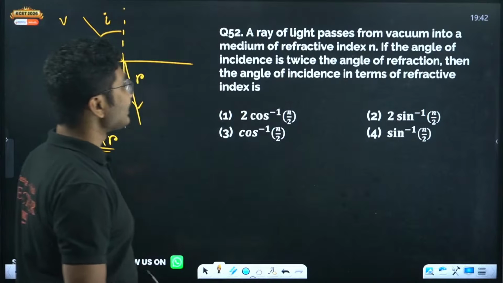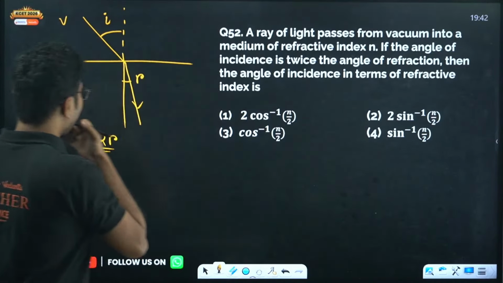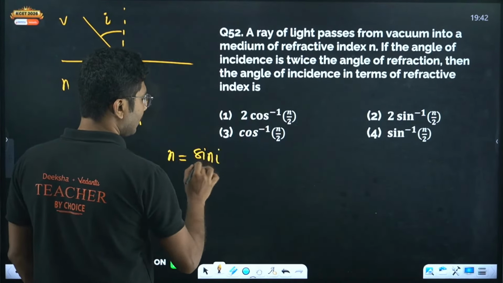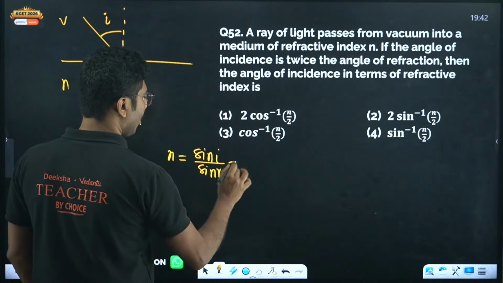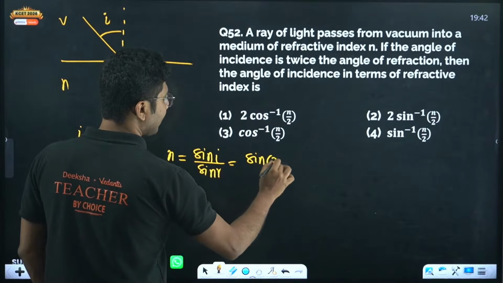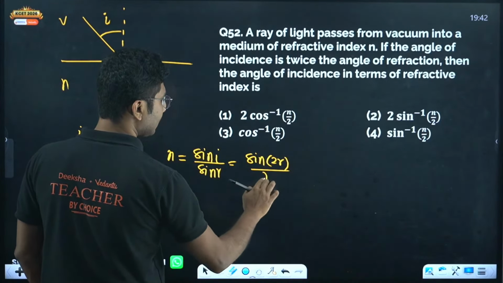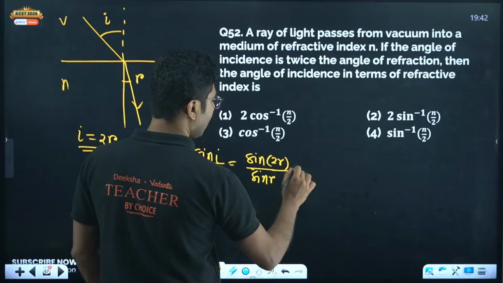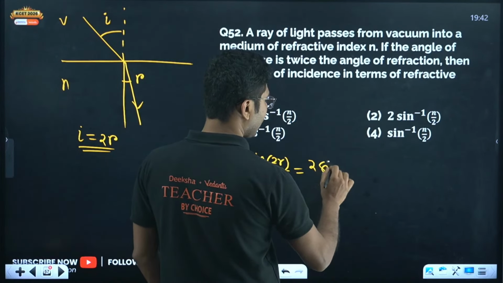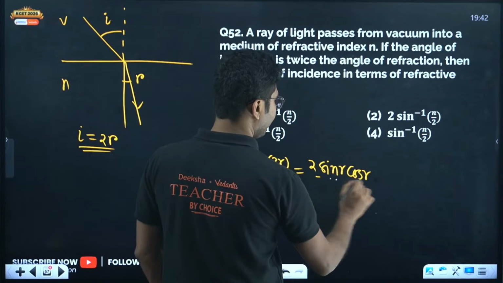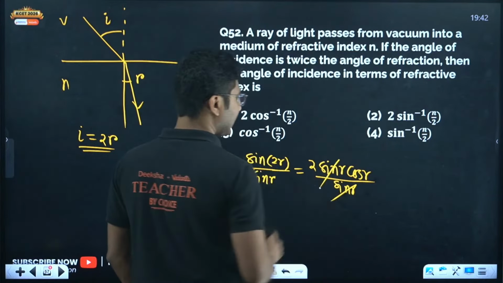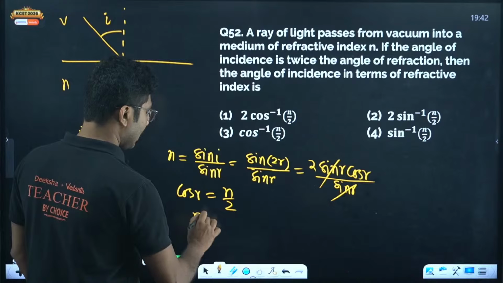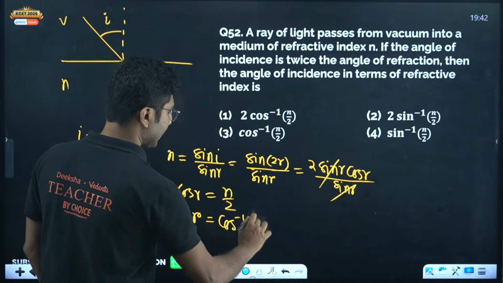Now they said what is the angle of incidence. Now we know that from Snell's law, n is equal to sine I by sine R, or sine I can be written as sine 2R divided by sine R, or you can write this as 2 sine R cos R divided by sine R. Sine R cancels, so you get cos R equals n by 2, or R equals cos inverse n by 2.